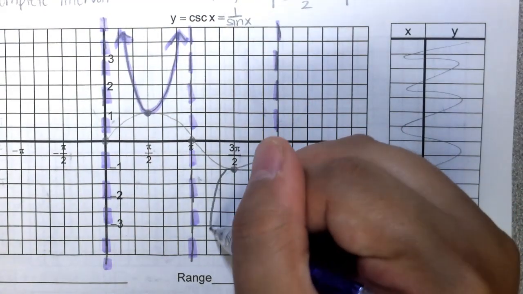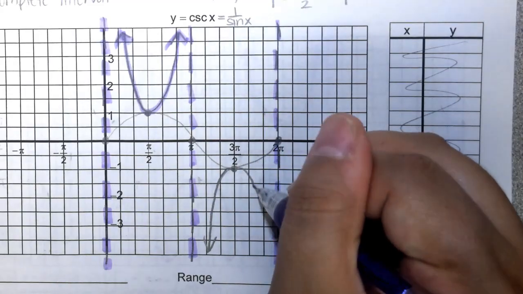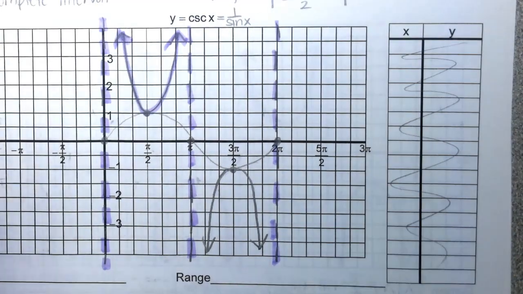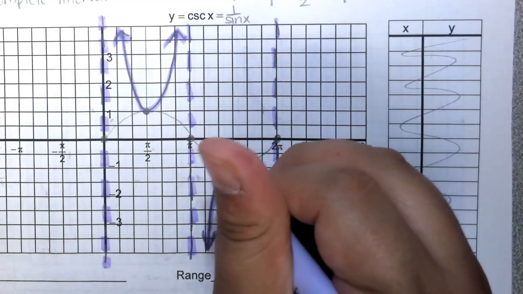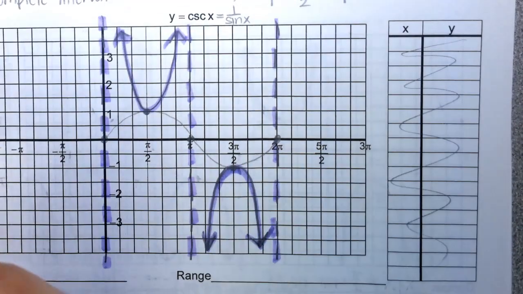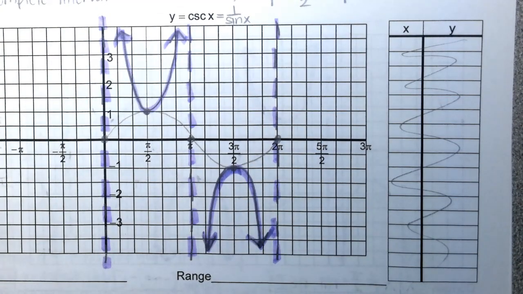Go down. This is how I'm going to expect you to graph your secant and cosecant functions. If you can graph sine and cosine, which you've just had 3 quizzes on, you can graph secant and cosecant. You just draw asymptotes on the zeros and then flip your curves.